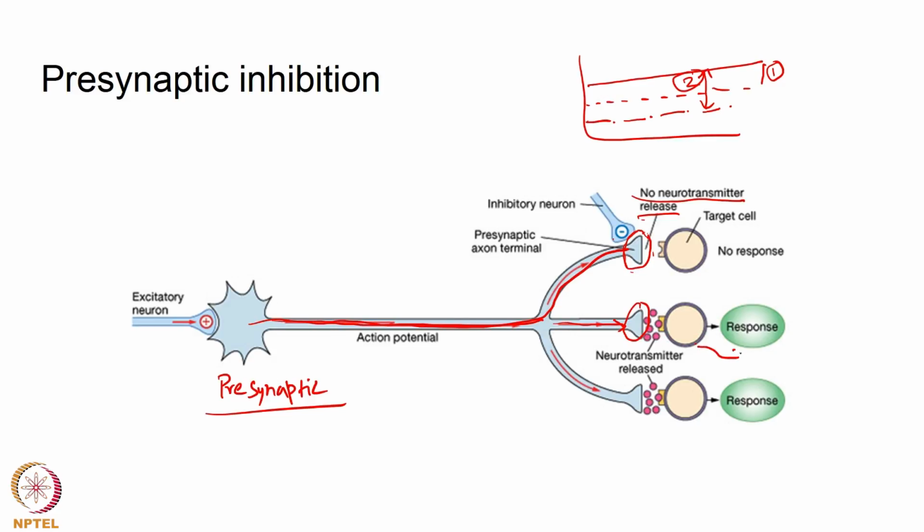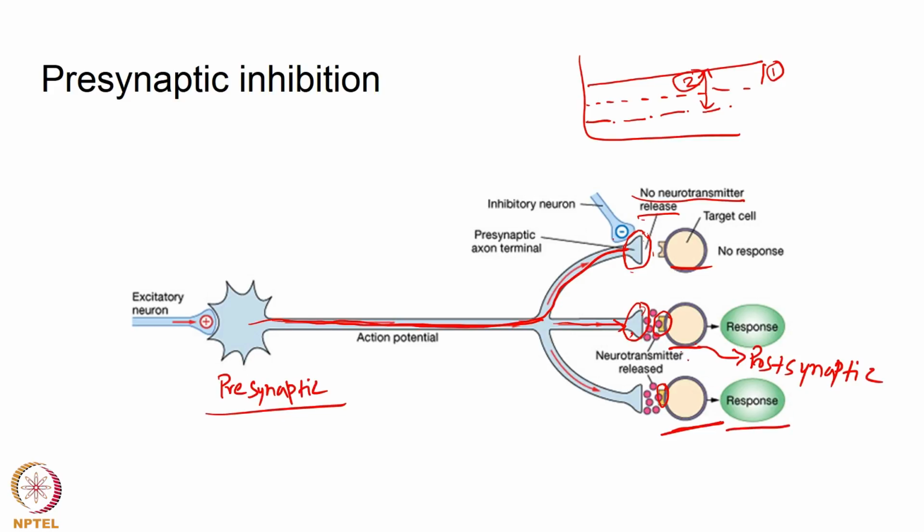Here is the postsynaptic cell, or these are the postsynaptic cells, that one and that one. These three are the postsynaptic cells. When I am not activating this part of the cell, the action potential causes calcium channels to open and neurotransmitter to be released and detected by the presence of these receptors here, and a response from this cell can be expected.